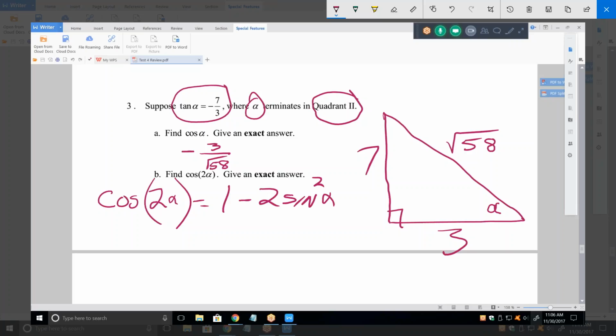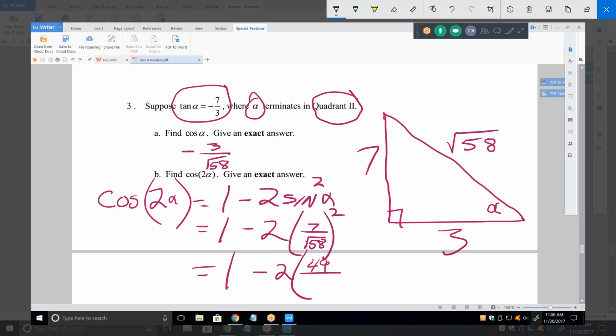The reason that's all we need is because we can go over here and look at this triangle and figure out what sine of alpha squared is easily. So what is it? It'd be 7 over square root of 58. Sine squared. Okay, so 7 over square root of 58, and I've got to square that. So what does that equal? 49 over square root of 58.